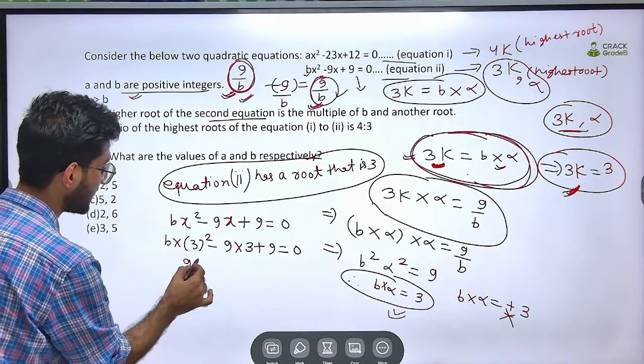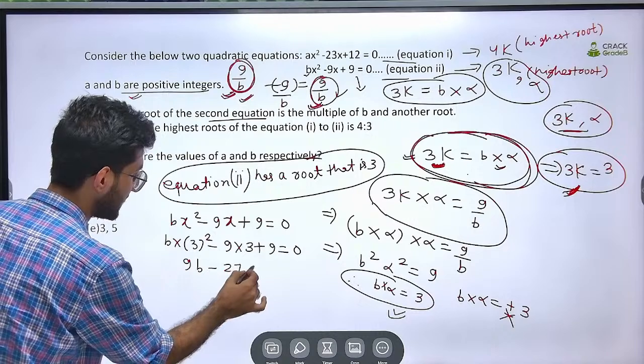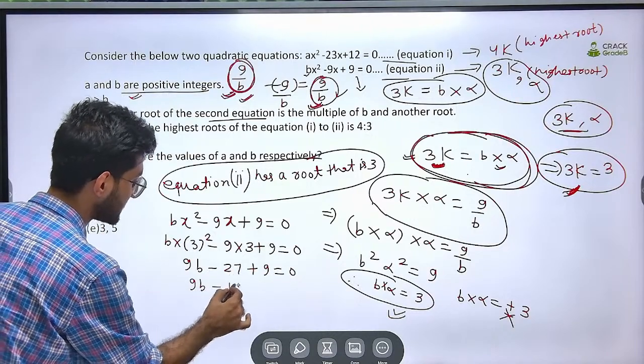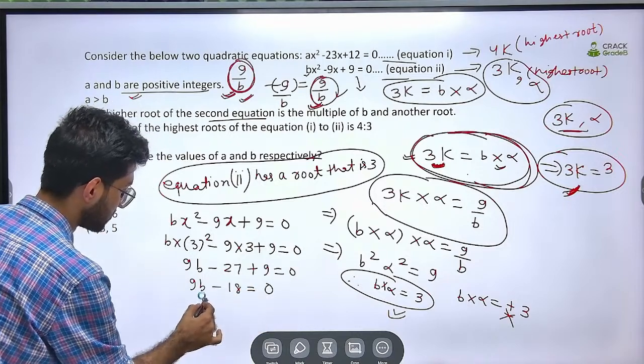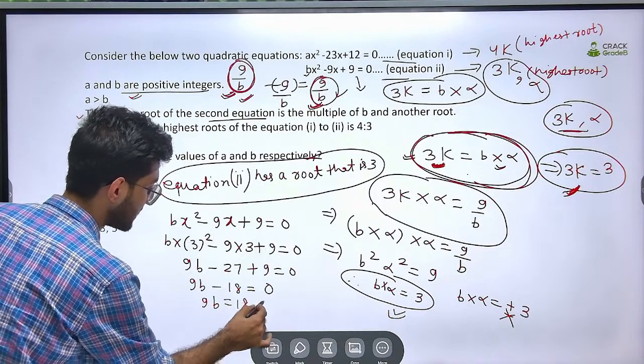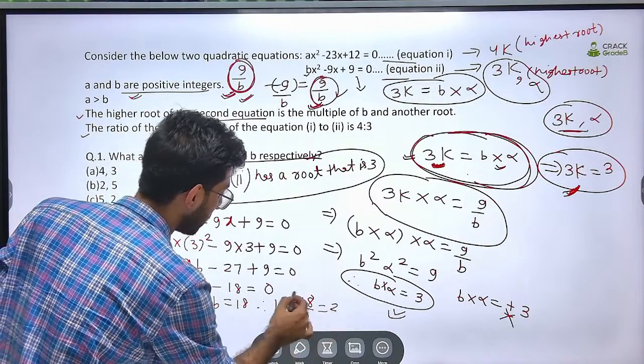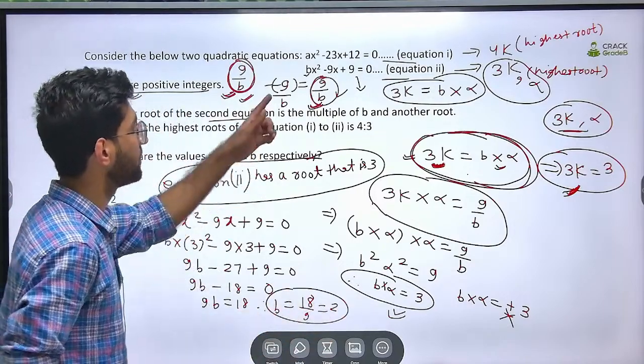So basically 9b minus 27 plus 9 equal to 0, which is 9b minus 18 equal to 0. So 9b equal to 18, b equal to 18 divided by 9. So the value of b is 2.